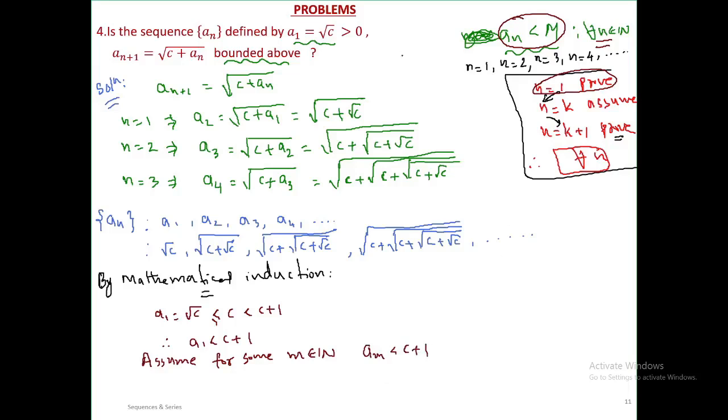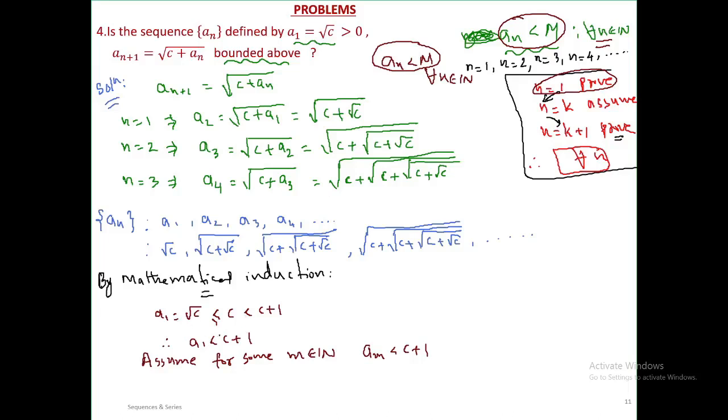First of all, this is the fundamental statement that I actually want to prove: an should be less than m for all n belongs to the natural number set. Then I can say that the sequence is bounded above. Now if I substitute n is 1, a1 less than m, n is 2, a2 less than m, n is 3, a3 less than m, like that. First I am proving for n is 1, I proved already. So therefore a1 less than c plus 1, I proved this one.